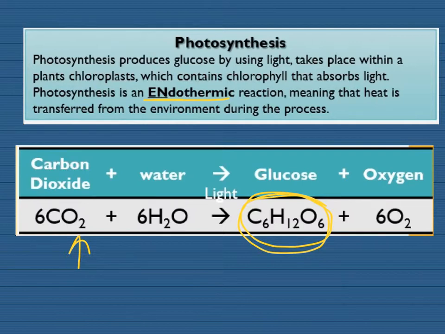Just one last point about the endothermic reaction as well. Just remember that when energy is transferred from the environment, in this case, it is light. So the energy from light is being transferred to the chloroplasts, because that is where photosynthesis is occurring in the plant.